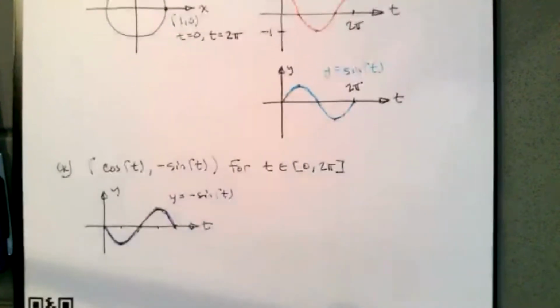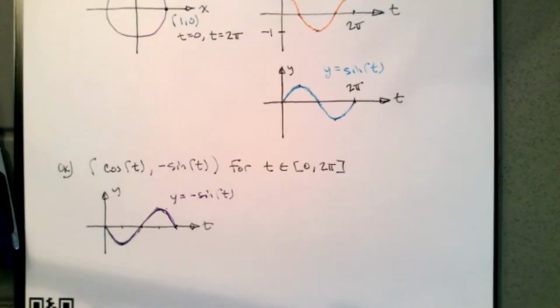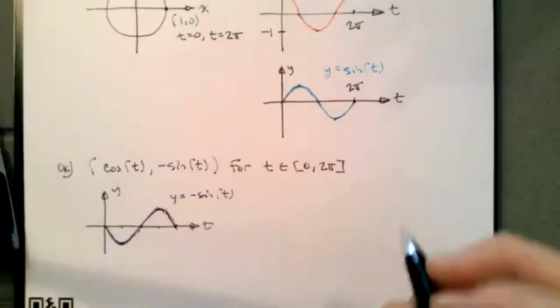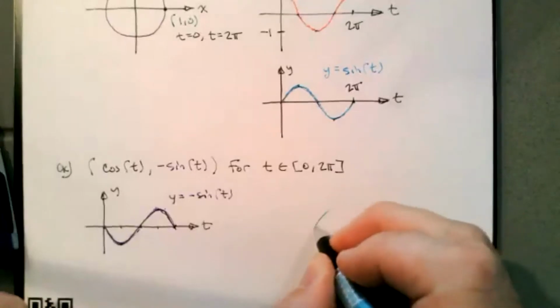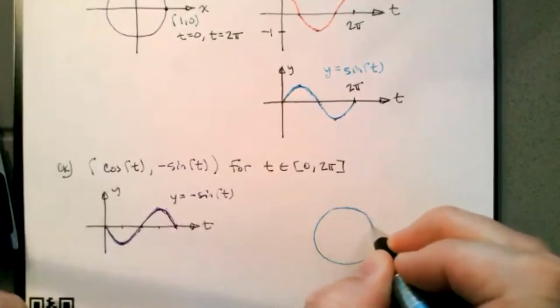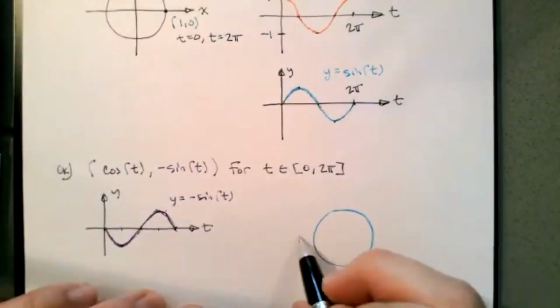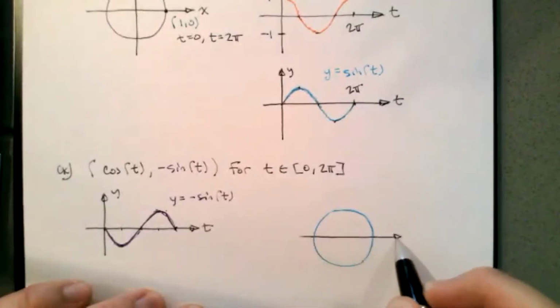We're still going to get the same graph. We're still going to be looking at a circle. Kind of messed up my color coding, but sorry. Our circle is still going to be centered at the origin.